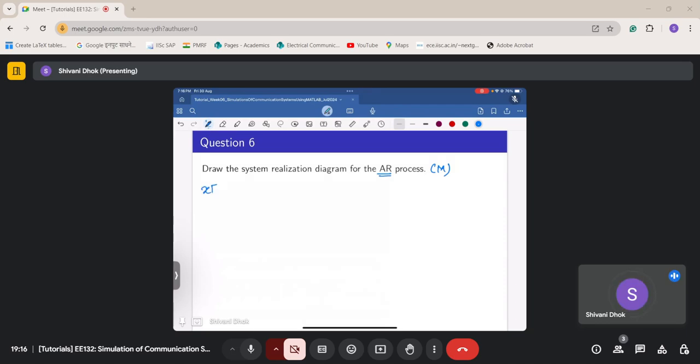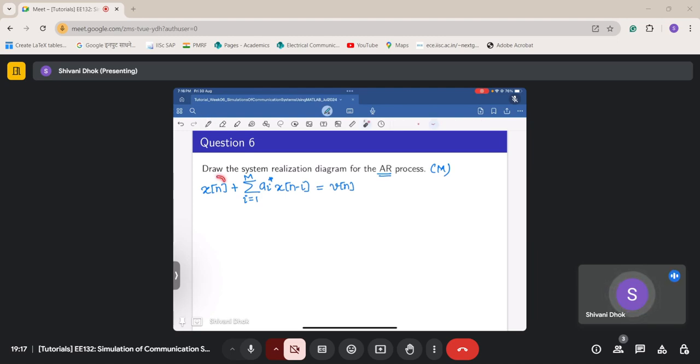we can write x of n plus summation i equal to 1 to M, a_i conjugate x of n minus i, and this comes out to be equal to v of n. And we want to realize this particular system equation.